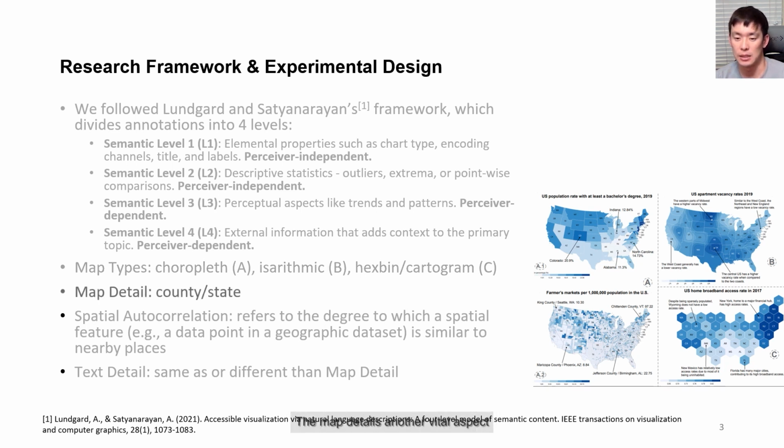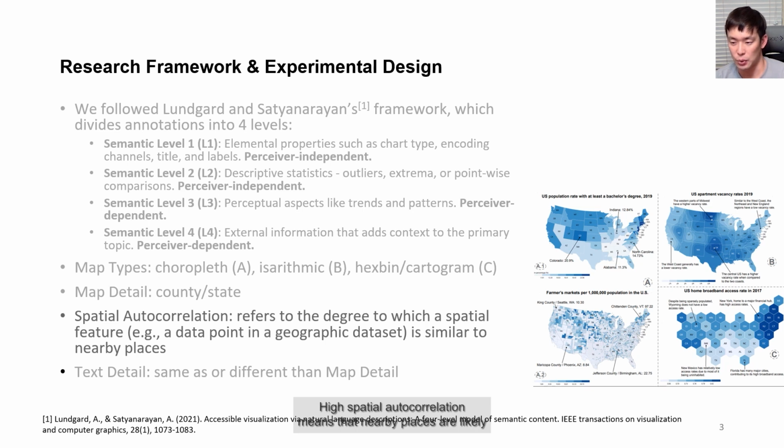The map detail is another vital aspect, whether we're looking at the larger state level or the more granular county level. The choice here affects the map's legibility and the viewer's cognitive load. Too much detail may overwhelm, too little may oversimplify. Spatial autocorrelation refers to the similarity of a feature like a data point to its neighbors.